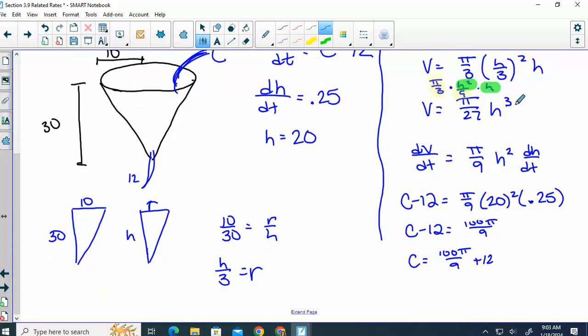Pi over 27 times 3. We'll do our derivative. Exponent comes down. So 3 over 27 is 1 over 9.